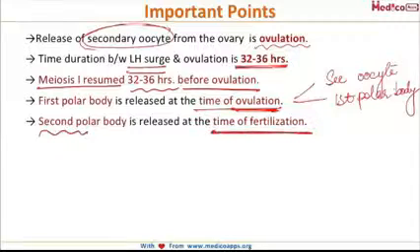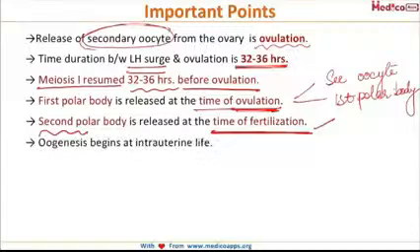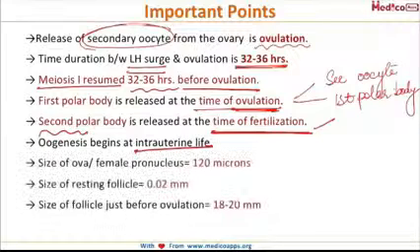Here it leads to the formation of the female pronucleus or the ovum and the second polar body. Now, as we have already told, oogenesis, when does it begin? It begins in the intrauterine life, in contrast to spermatogenesis, which begins only at the time of puberty.